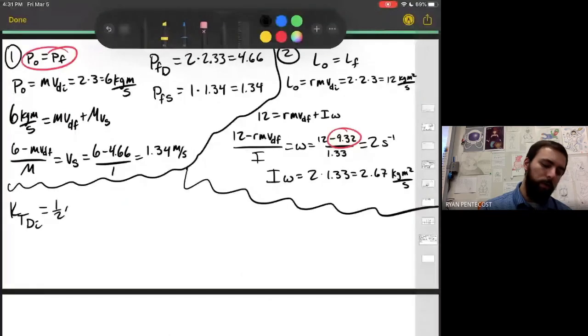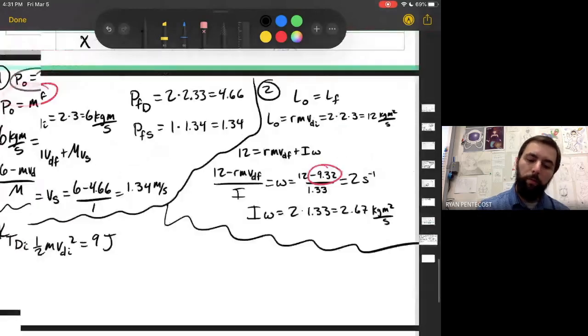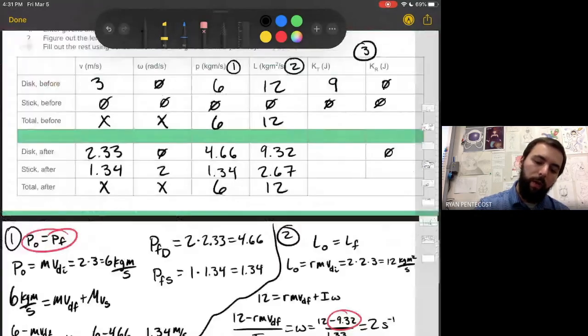That will come out to 1/2 times 2, which is 1, then 3 squared, which is 9. So you've got 9 joules. That means you have 9 here, plus 0, 0, 0. You've got a total of 9, which you can bring down below.